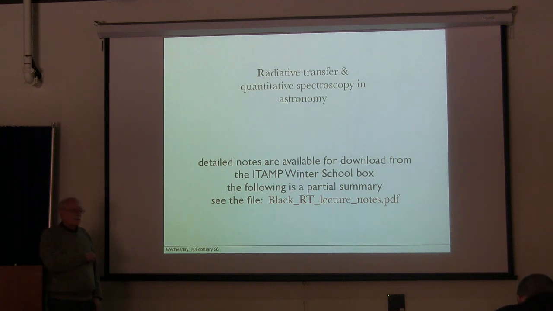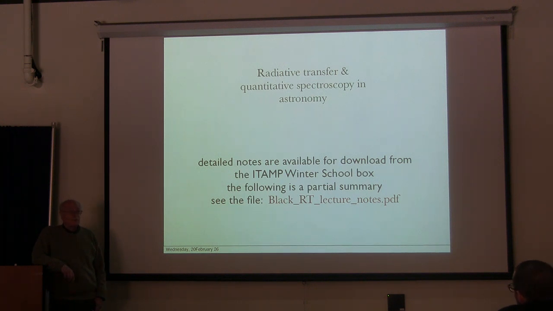So the whole point of this is to understand how the spectrum that we detect here on Earth, after it has emerged from a source and has passed through possibly other things in between, how we can relate the spectrum we observe to the conditions in the source itself.